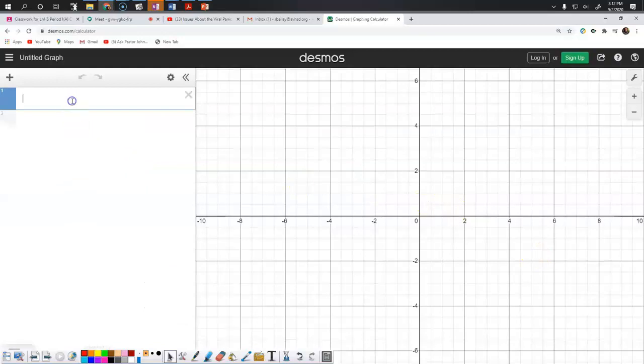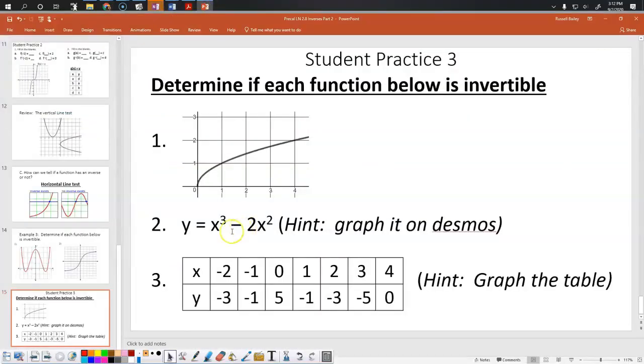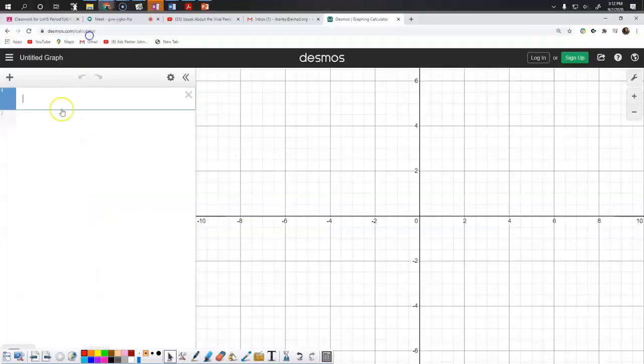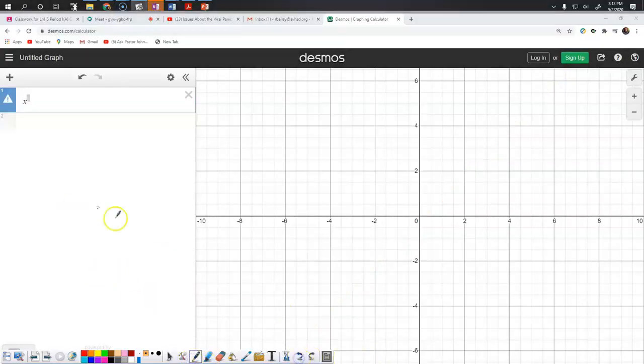So you click on Graphing Calculator. Go ahead and type in your function there. My function was x cubed minus 2x squared. So we're going to do x to the power of 3. To get the power, you push the little symbol that looks like this on your keyboard. Oops, that did not go according to plan.